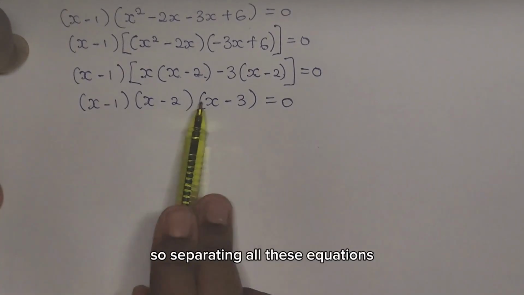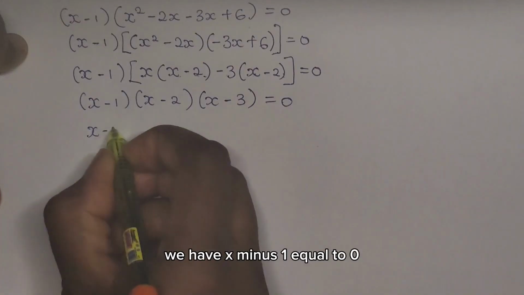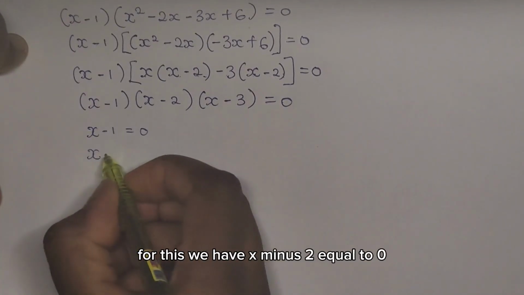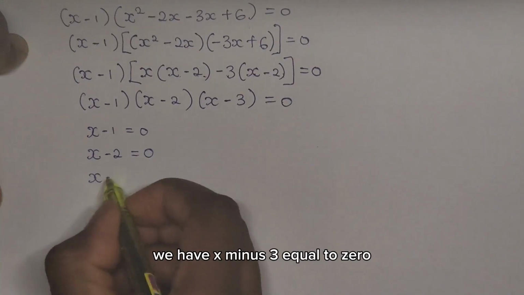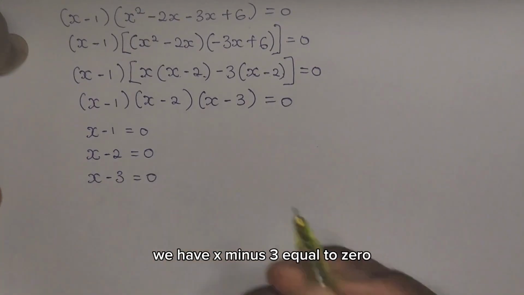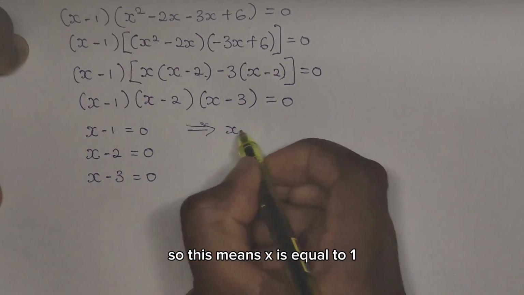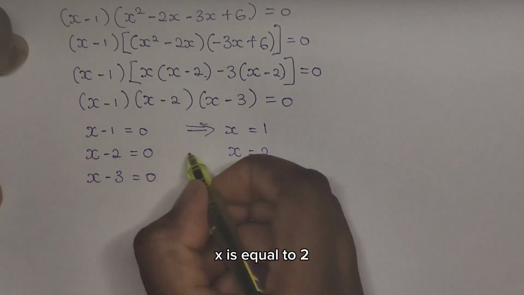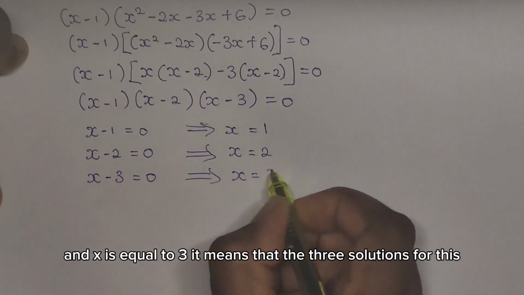So separating all these equations, we'll have x minus 1 equal to 0 for this. We have x minus 2 equal to 0. We have x minus 3 equal to 0. So this means x is equal to 1, x is equal to 2, and x is equal to 3.